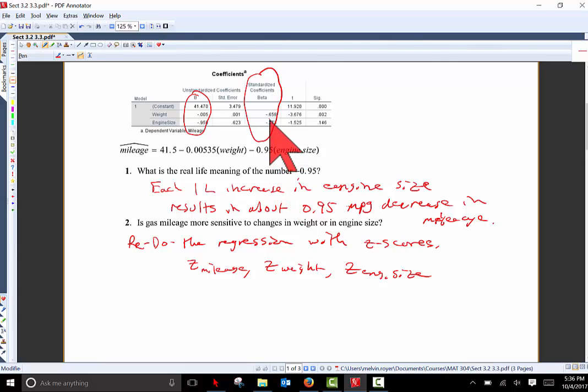I look at it and negative 0.658, negative 0.273. The coefficient on the weight is actually larger now in a standardized sense.